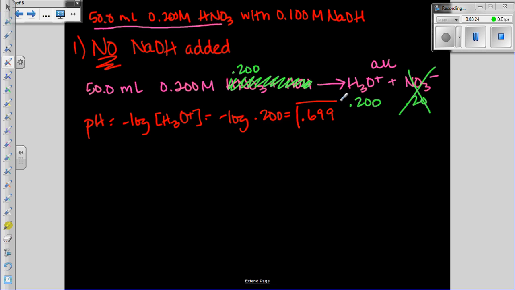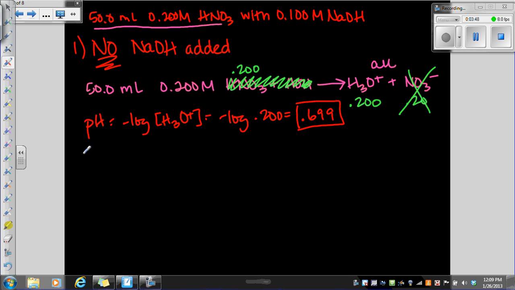So the pH of that solution is 0.699. And we need to remember what these are because we're going to graph them later. Really, all you could have done was say, oh, strong acid, negative log of that concentration, which is essentially what I was doing here to get pH. I just wanted to explain why.